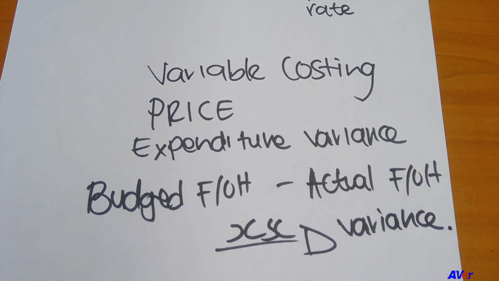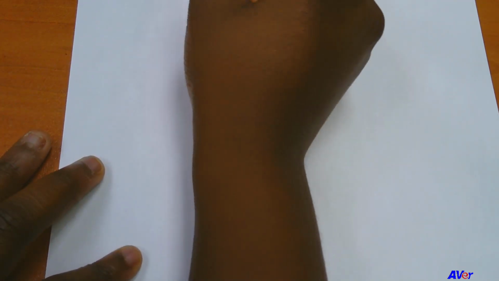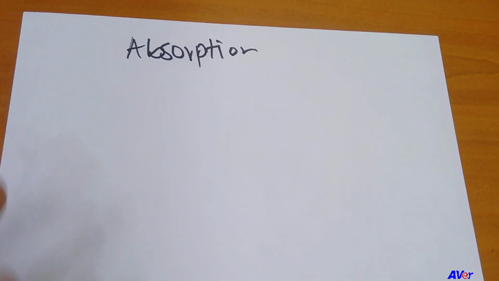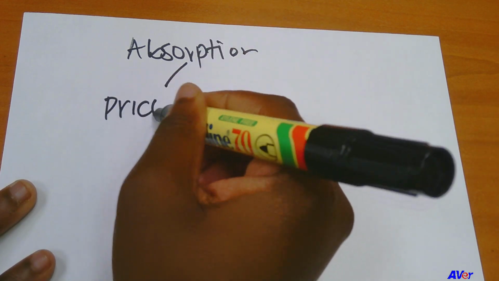Now, I'm going to look at your absorption costing. So under absorption costing, we've already established that you allocate your fixed costs to your product using an allocation rate. We've established that you do have a price variance.